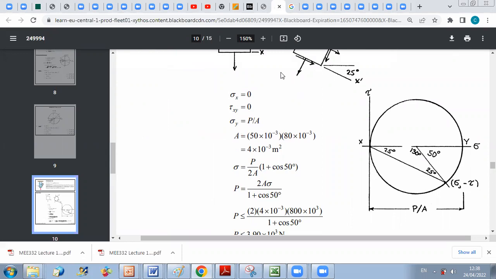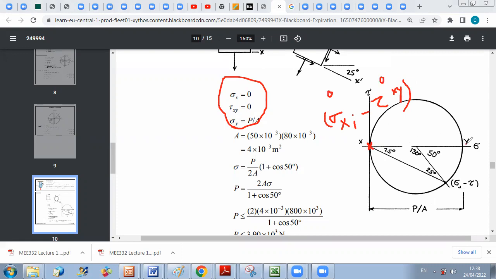Now, once I determine the state of stress in the XY plane, I can draw the Mohr circle. For the first point, coordinates will be sigma X, minus tau XY, which is 0, 0 here. So I can say that X here represents the principal axis already.